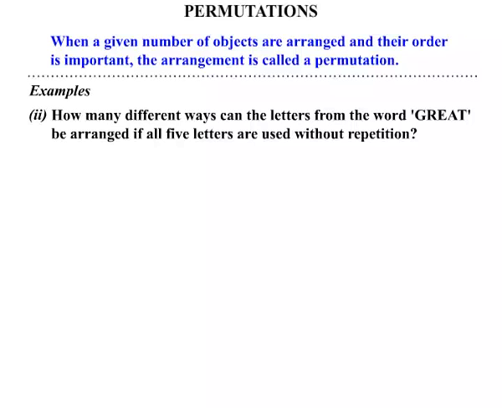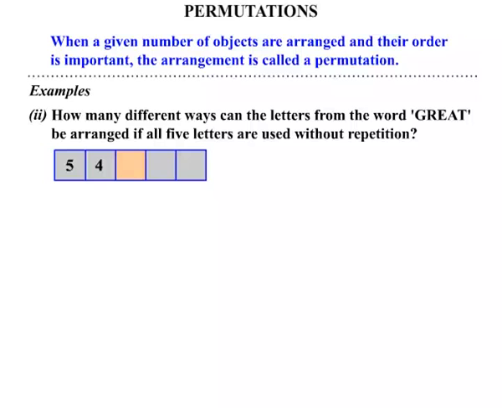The next example, how many different ways can the letters from the word great be arranged if all 5 letters are used without repetition? Well, we have 5 letters, so let's consider 5 positions. The first position, the 5 letters can be put in, so there's 5 ways of doing that. The second position, once 1 letter is used, there's only 4 letters left.